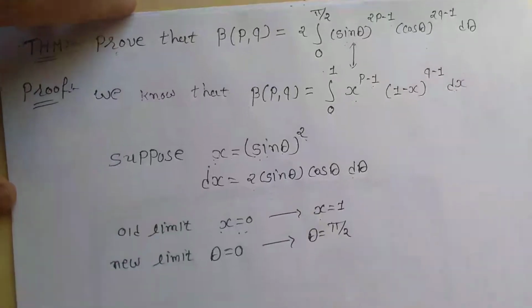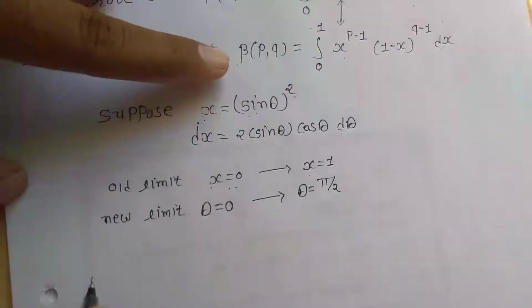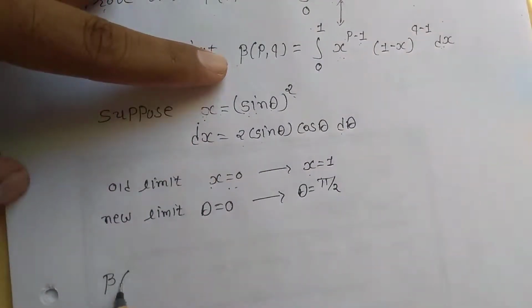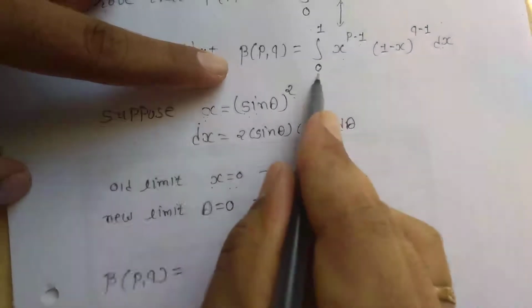So now beta of p comma q is equal to integration.